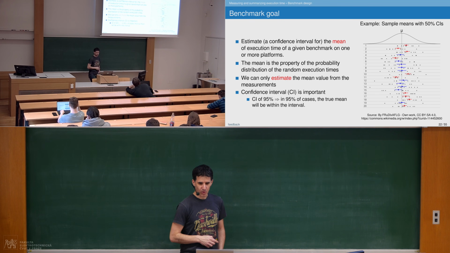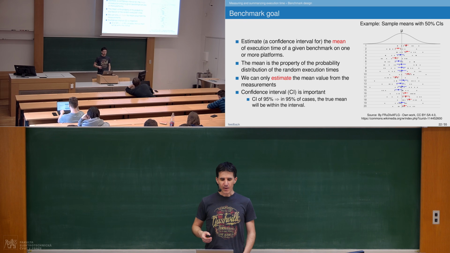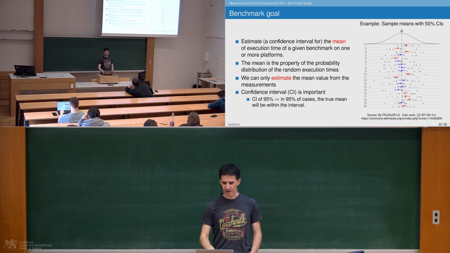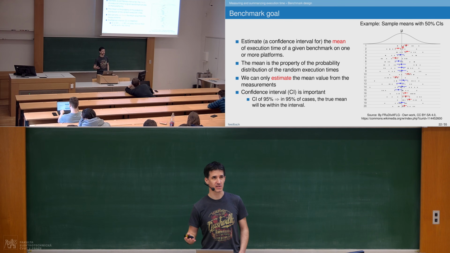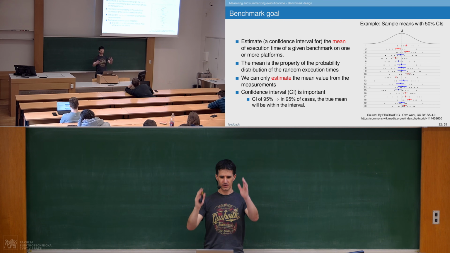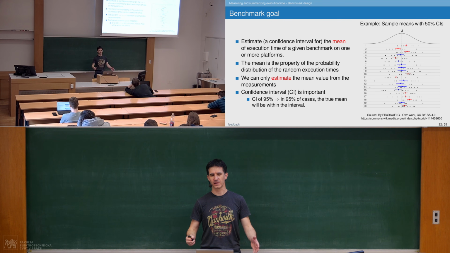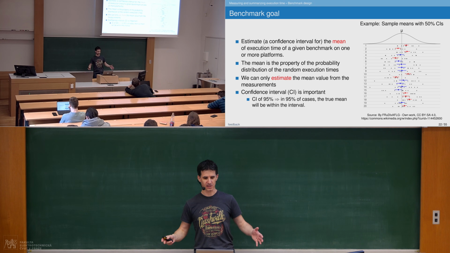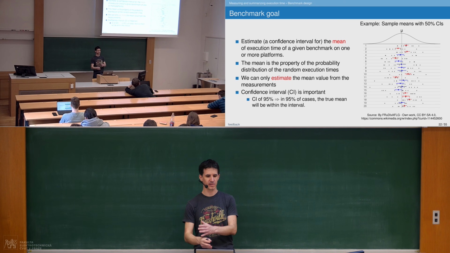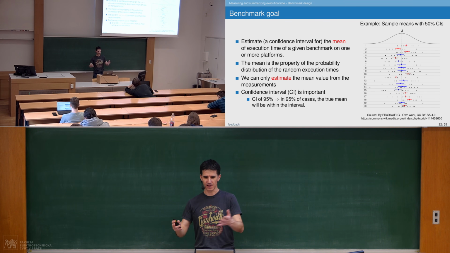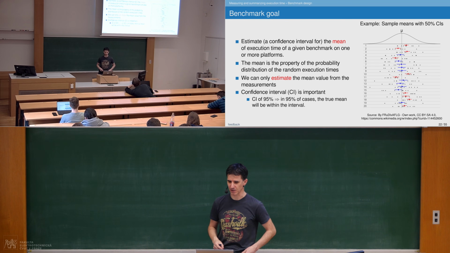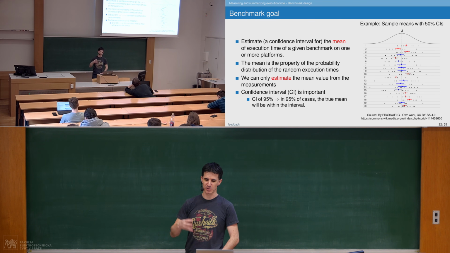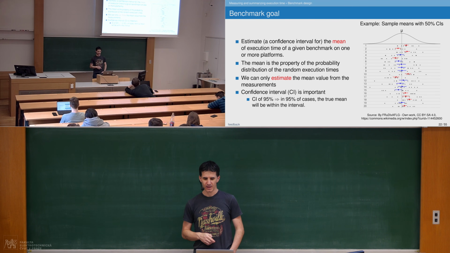Yeah. So that's confidence interval. The way how you can make the confidence interval narrow, because you are not interested in, yeah, my program executes, I don't know, 100 seconds with a confidence interval of plus minus 50 seconds, because it tells nothing. You want the confidence interval to be narrow, like 100 seconds plus minus 1 second.